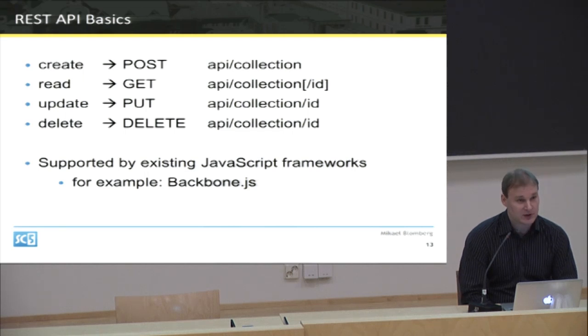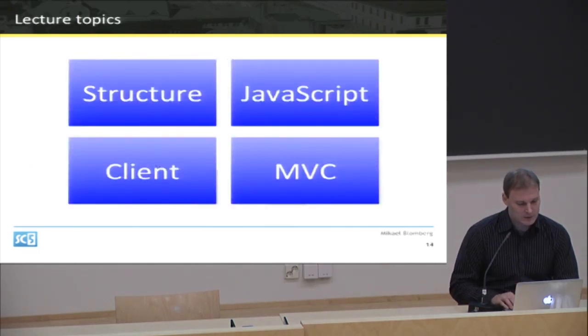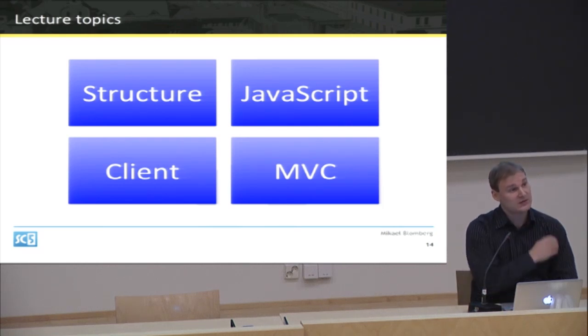It's a nice way to get the data from the database and manipulate it and such. And there are frameworks that implement this out of the box. One of them is Backbone.js. We're going to look into Backbone later on. So that was the topic on MVC.